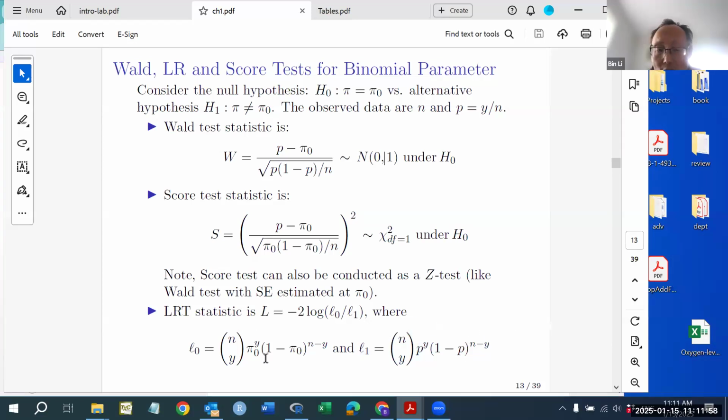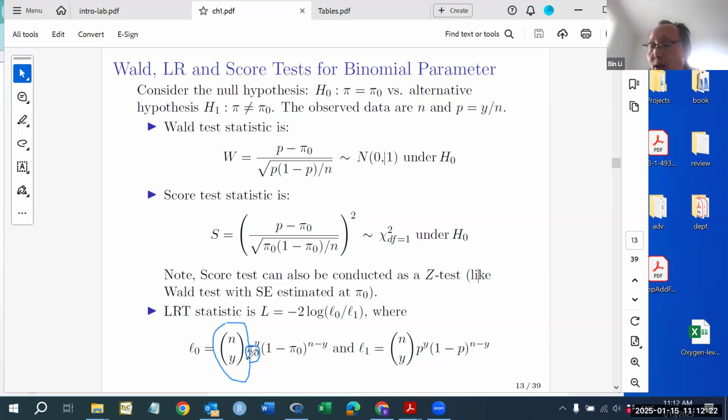Why? Because under the null, you can see the first part is what? We all know that. We talked about that last time. That's the binomial coefficient, n choose y, the number of ways we choose y from n different elements. And then multiplied by pi 0. Why pi 0?